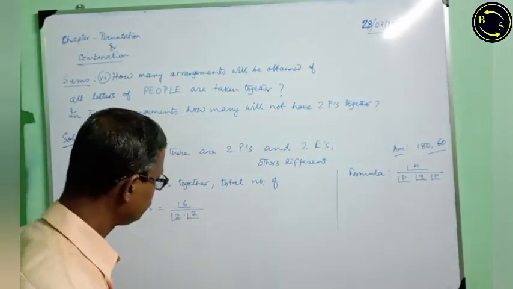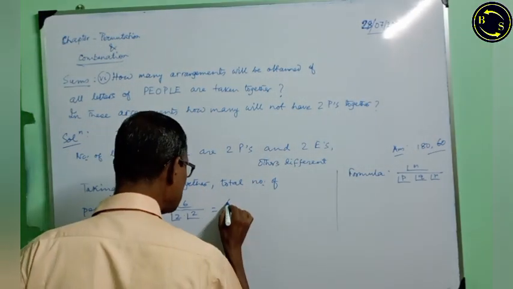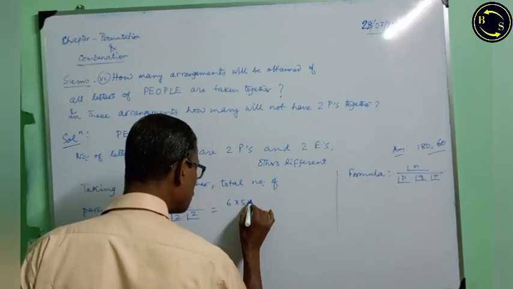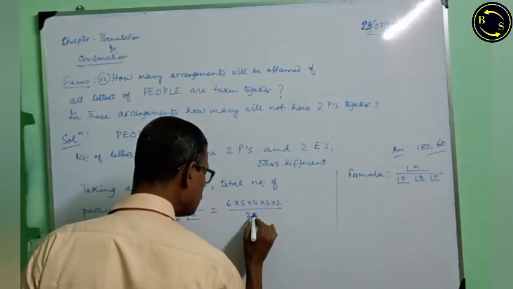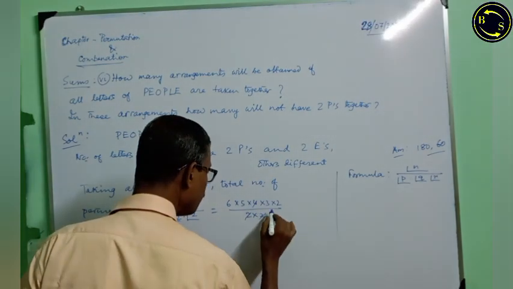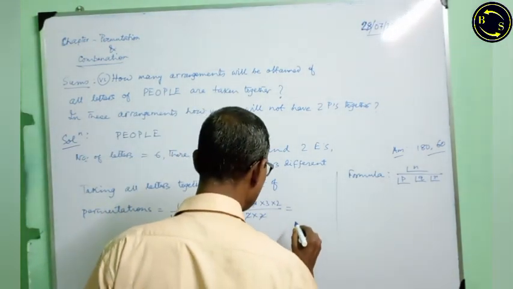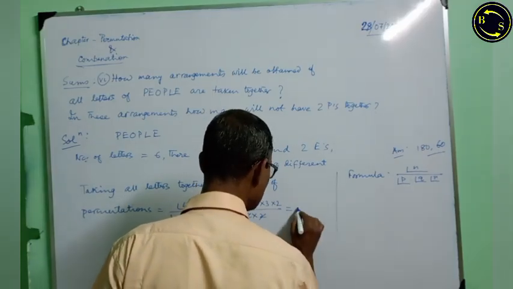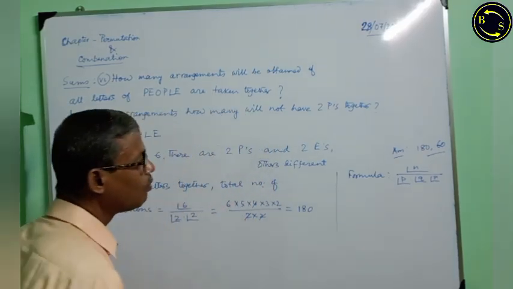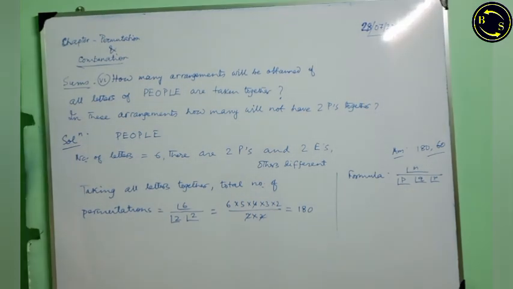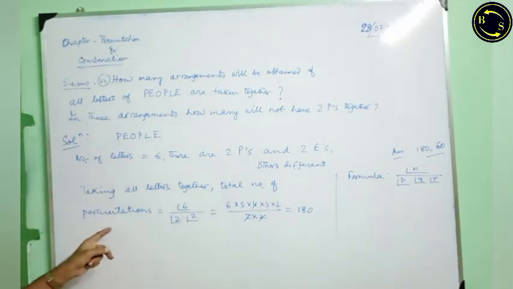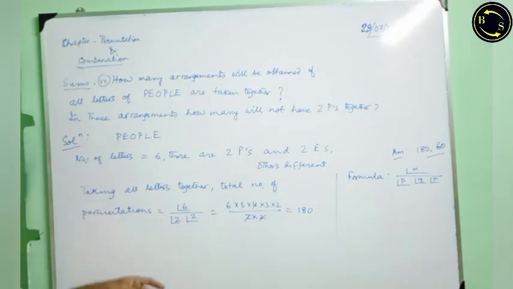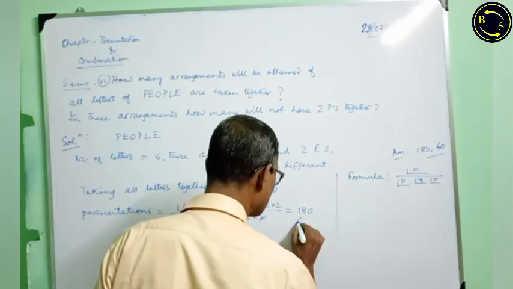Following this formula, now we simplify that: 6 into 5 into 4 into 3 into 2 divided by 2 into 2, which is 180. Here 2 P's are there, 2 E's are there, therefore the total number of permutations is this. This is the answer of the first part.